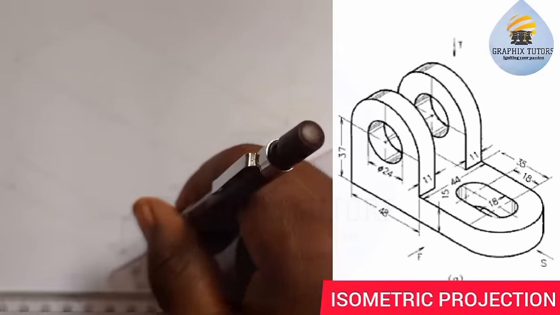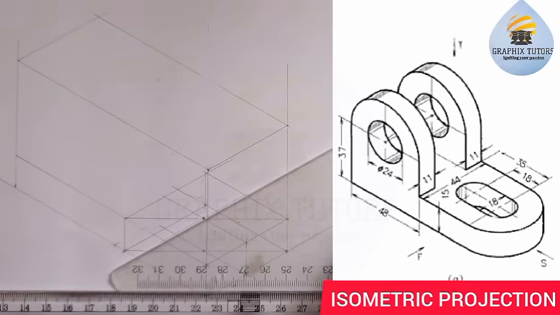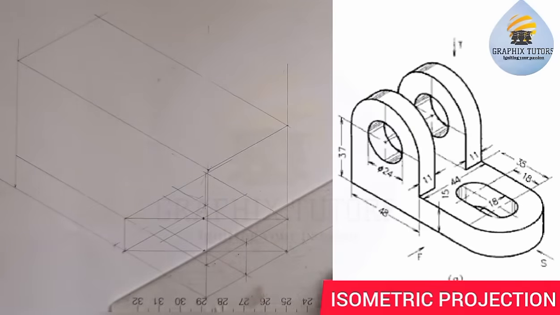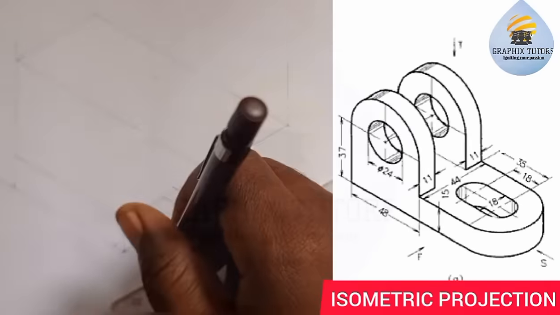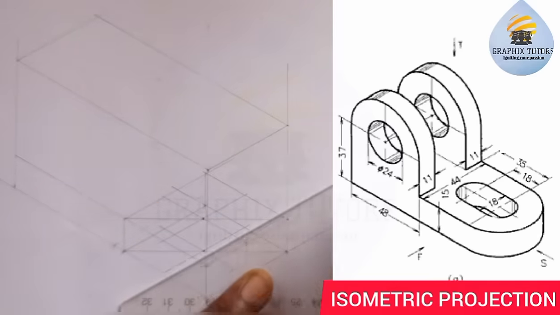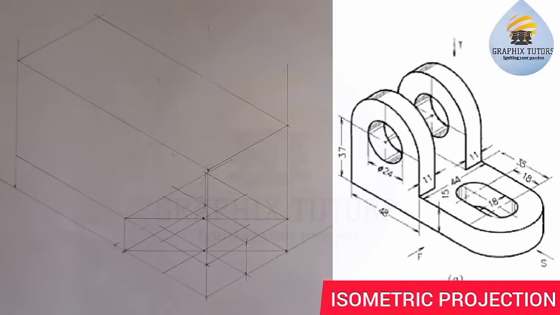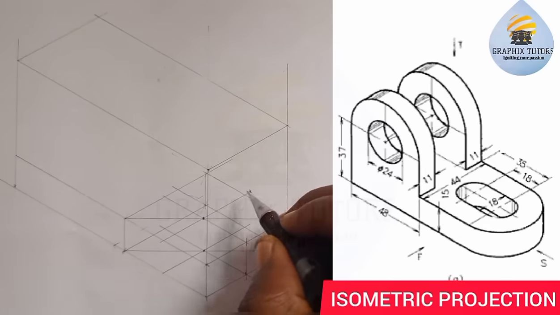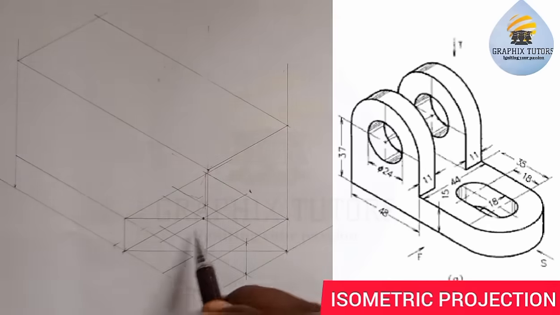So I'll just have this from here to here. And I'll come down here too. The same thing will happen here from here to here. Right? So I have done that. Now the three most important points I have are this point, this and this.